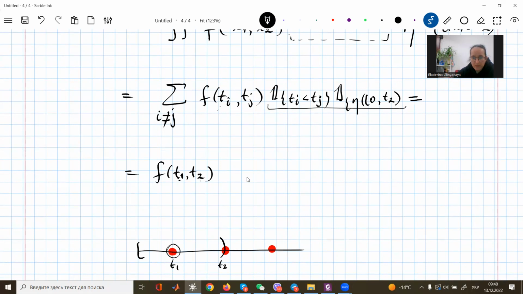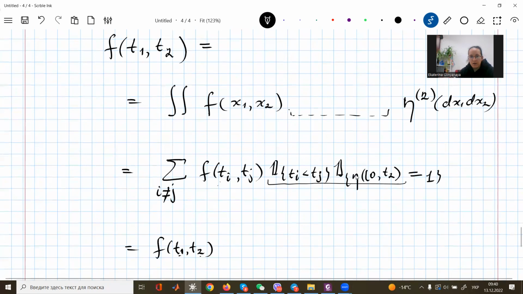So I have only this one point. Using these indicators, I get exactly one summand here. And this is my aim.